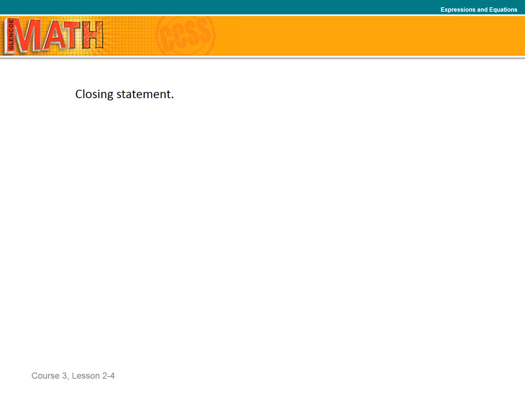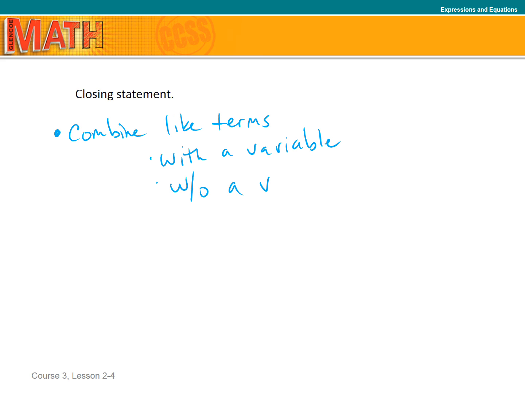In closing, boys and girls, remember that we have equations here with variables on both sides. So first thing you're going to do is combine like terms. It may be with a variable, it may be without a variable.